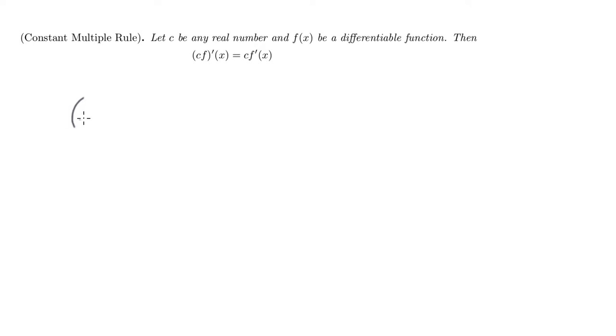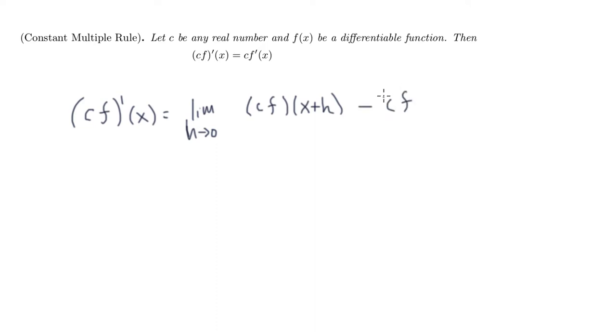So if I look at c f prime of x, this is going to be the limit as h goes to 0 of what? The function I'm evaluating is cf. So this should be cf of x plus h minus cf of x all over h.